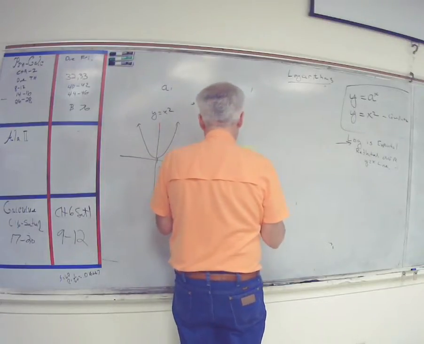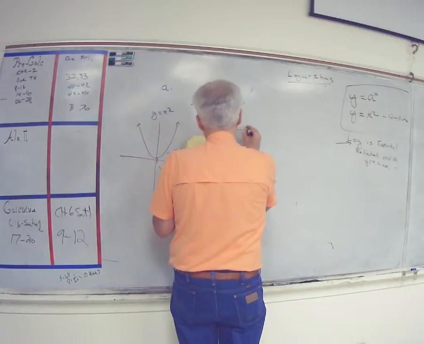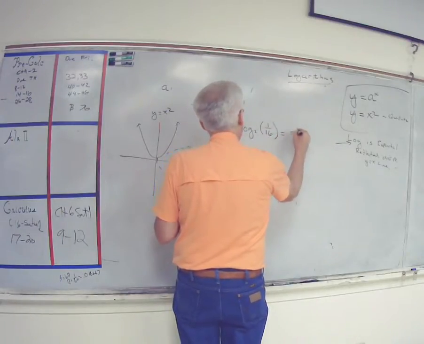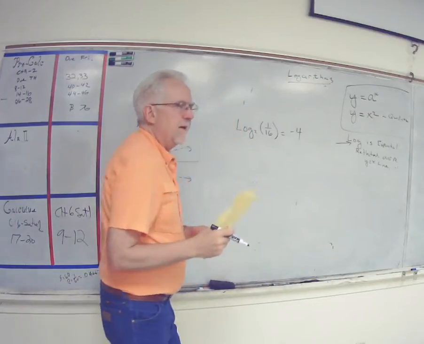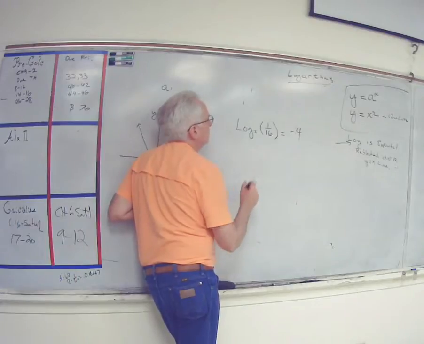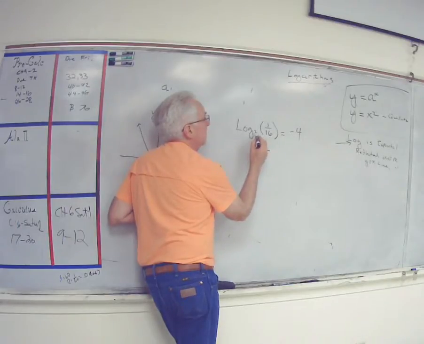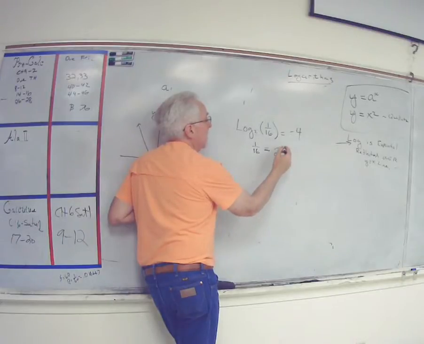Okay, and I want you to go from log form to exponential form. So I have log 2 of 1 over 16 is equal to minus 4. Okay, Kelsey, how would I put that in exponential form? 1/16 equals 2 to the negative 4.